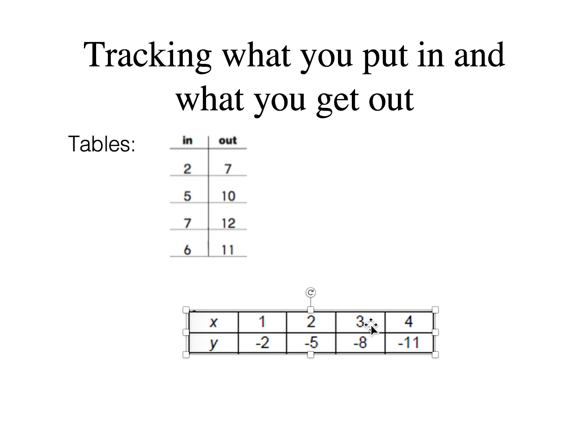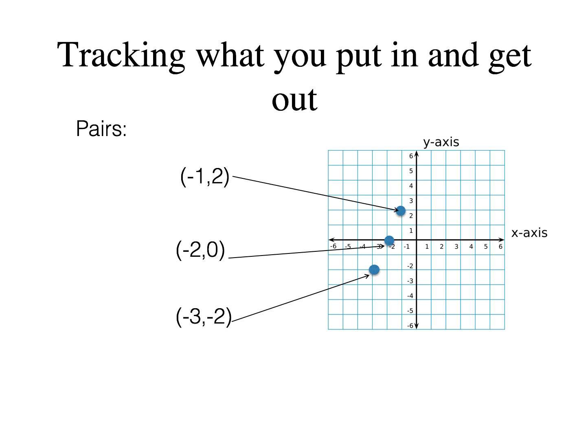I put in a +3, I get out a -8, etc. So you can see that we can use tables to track what we put in and what we get out. And then once we've tracked that, we can make some inferences about the math that's going on inside of our function machine.